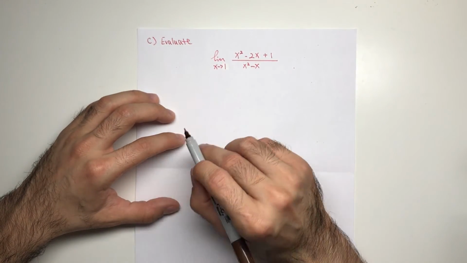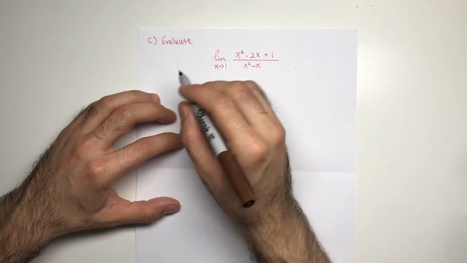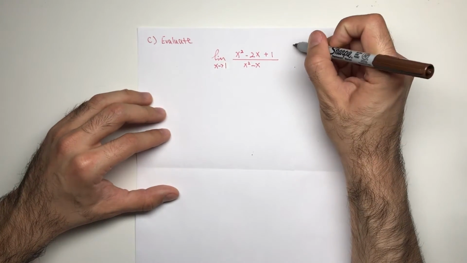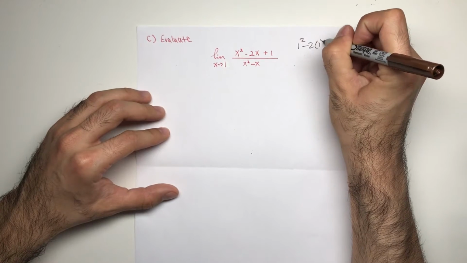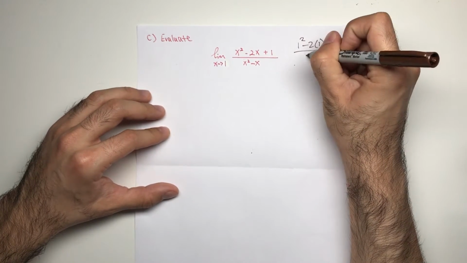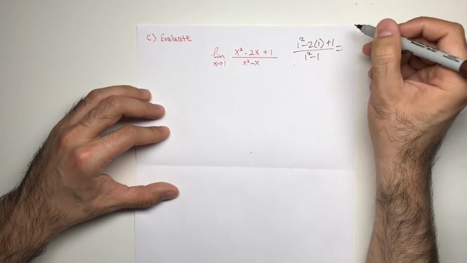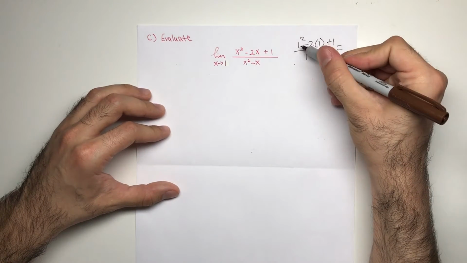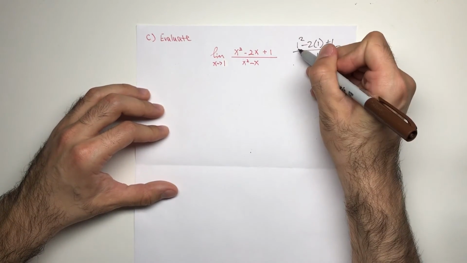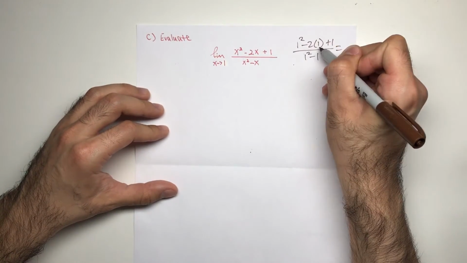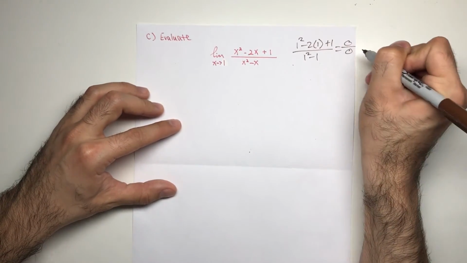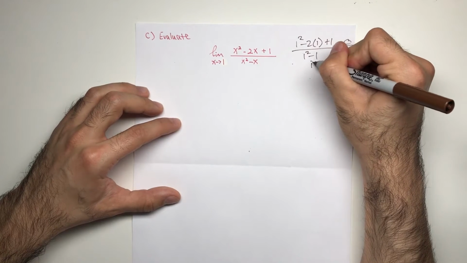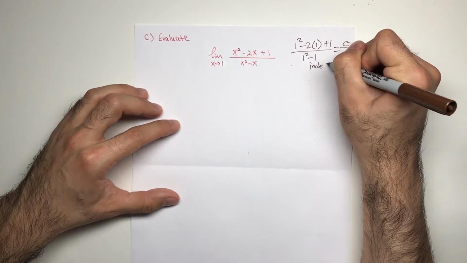The only issue here is that if you plug in 1, you get 1 squared minus 2 times 1 plus 1 over 1 squared minus 1. On the top you get 1 plus 1, which is 2, minus 2, so 0, and on the bottom 1 minus 1. So you get 0 over 0, which is an indeterminate form.